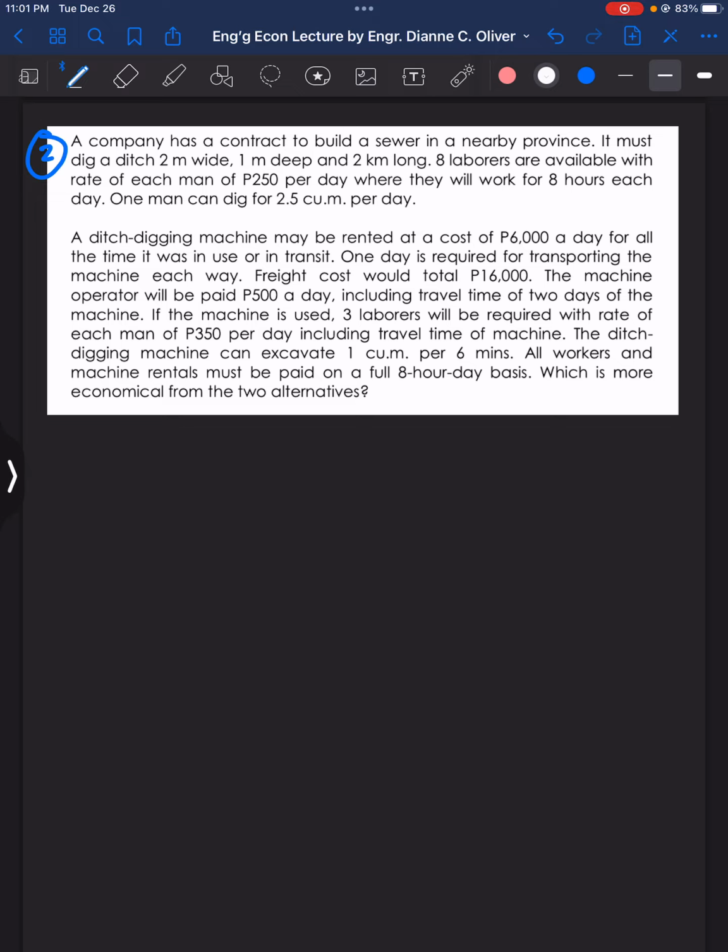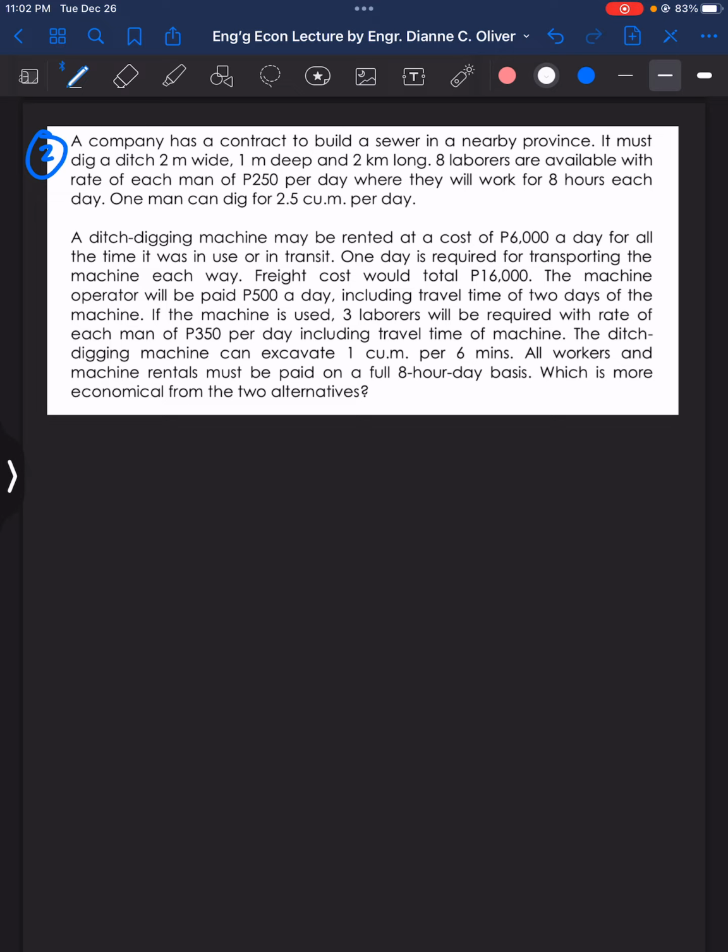A ditch digging machine may be rented at a cost of 6,000 pesos a day for all the time it was in use or in transit. 1 day is required for transporting the machine each way.